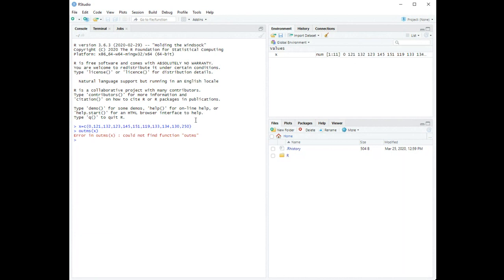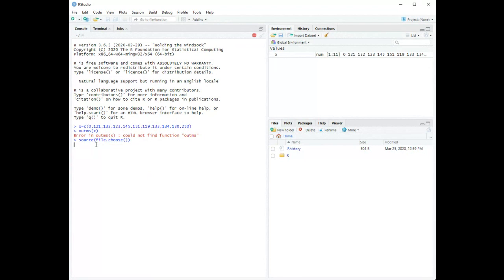Okay, so I have to download it again, because it erases every single time that I close the program, so I have to re-download the package. Hold on a second. I think maybe it's already here. Yeah, it's already here. So I'm just going to do source, file.choose.